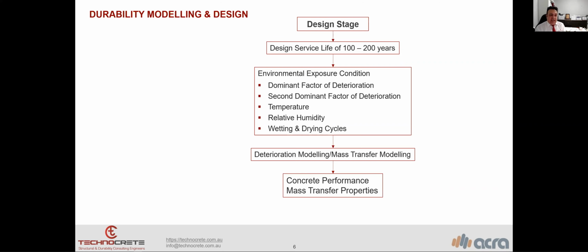And at the end of our modeling, we will achieve some numbers which give us the parameters of the performance of that concrete in that environment.